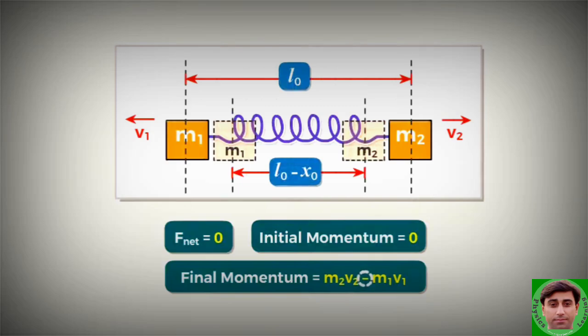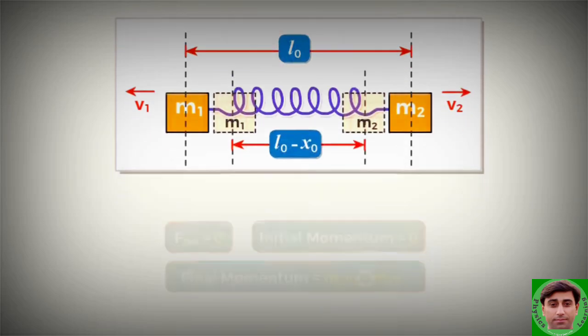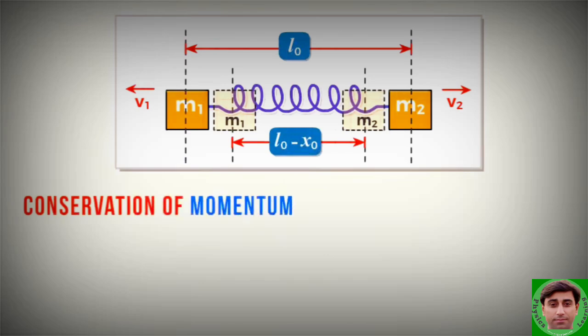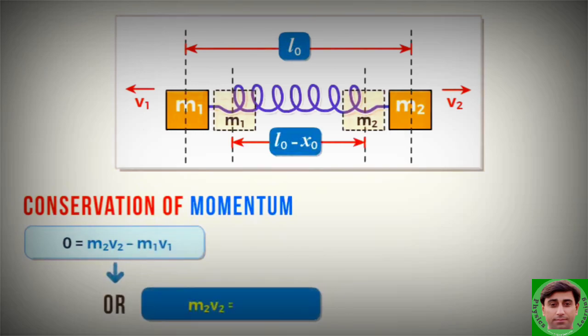Here, the negative sign signifies that both the blocks are moving in opposite directions. Then, from conservation of momentum, we get 0 equal to M2V2 minus M1V1, or M2V2 equal to M1V1. Let's call this equation 1.